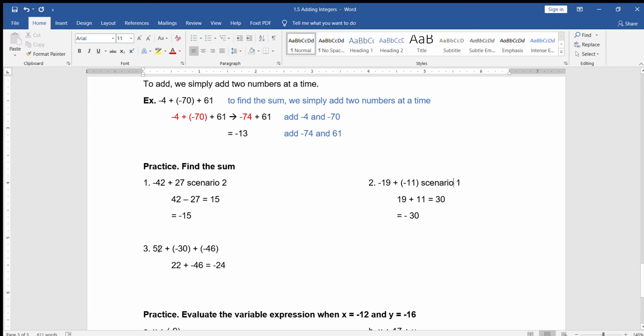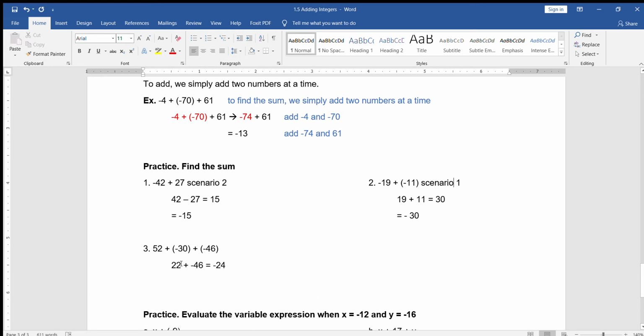And then what sign is our answer going to be? Positive, since 52 is larger than 30. So it's going to be positive 22. Now we're just going to bring down negative 46. 22 plus negative 46. Again, this is scenario 2.